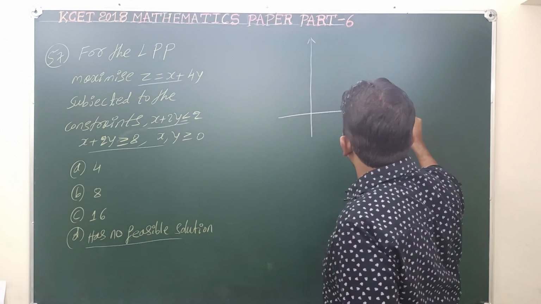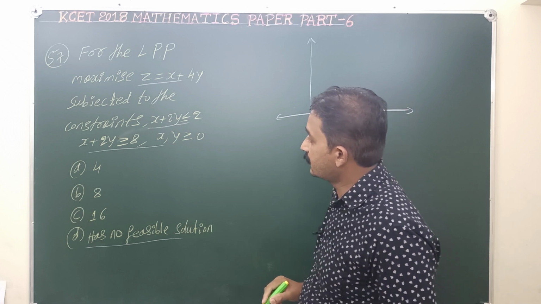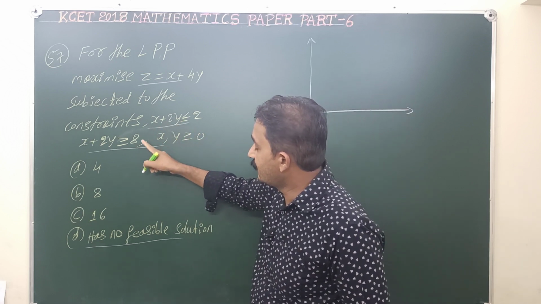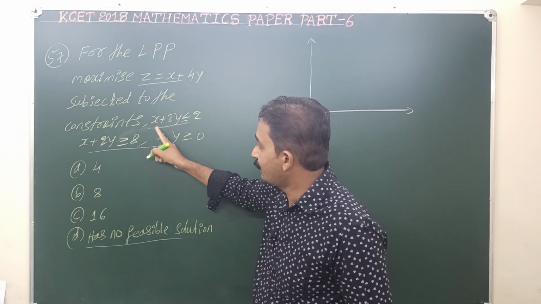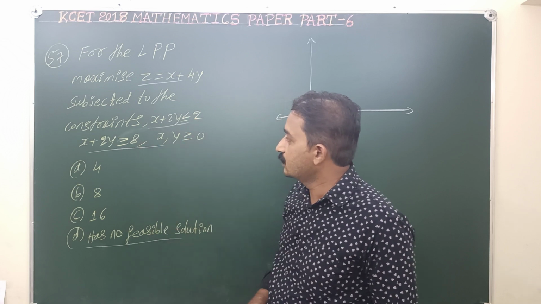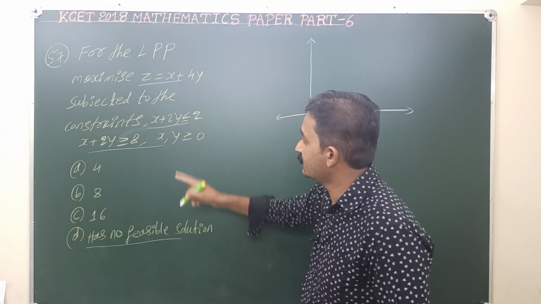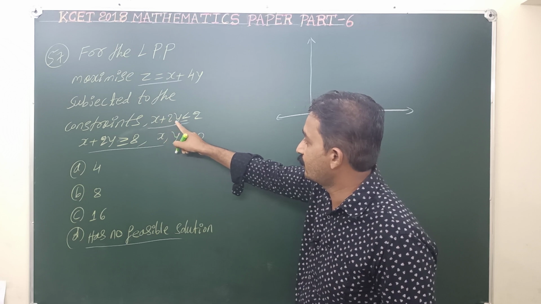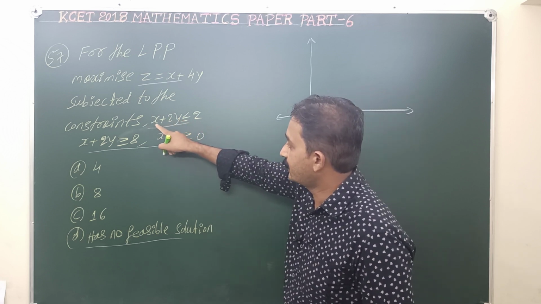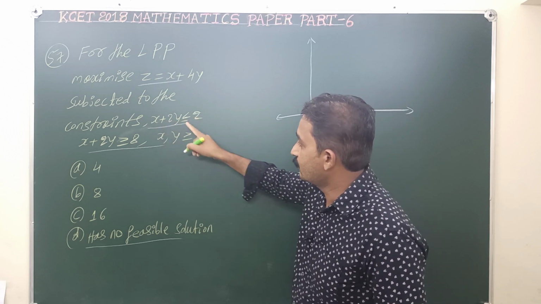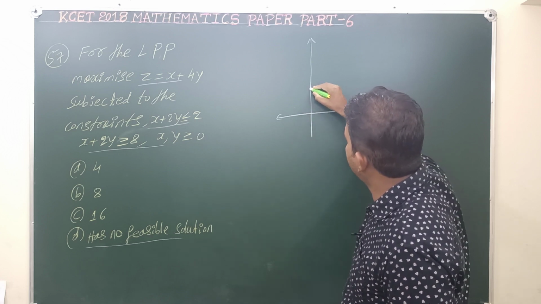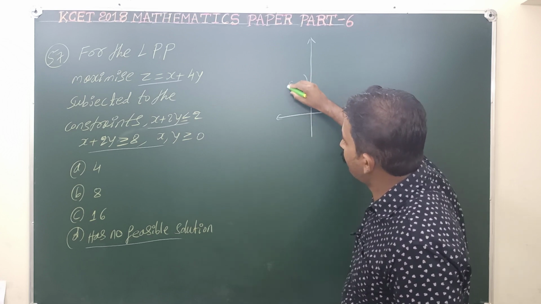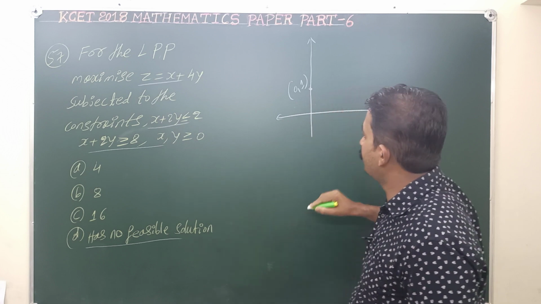First, both constraints are lines that are parallel, only the constant changes. These are parallel lines. First draw the line x plus 2y less than or equal to 2. For x is equal to 0, y is 1, so 0 comma 1. Put y is equal to 0, x is 2, so 2 comma 0.